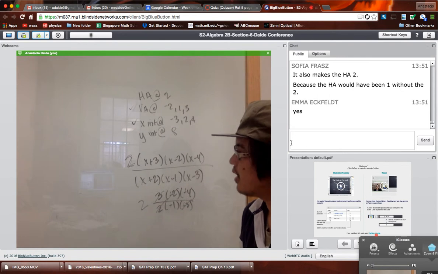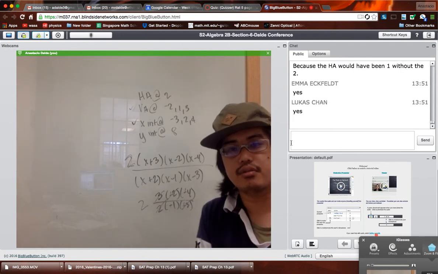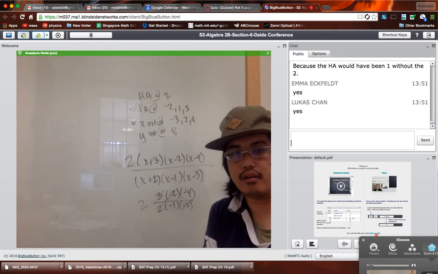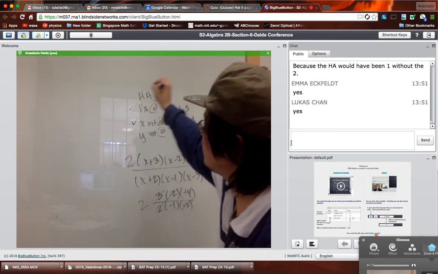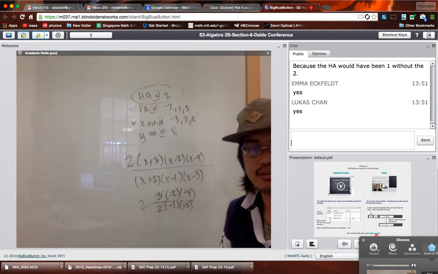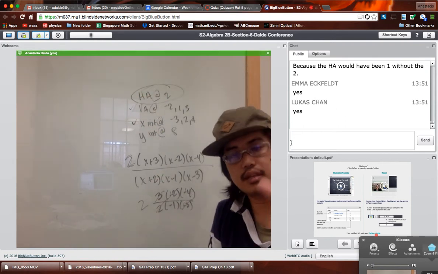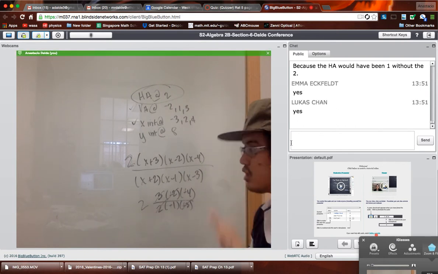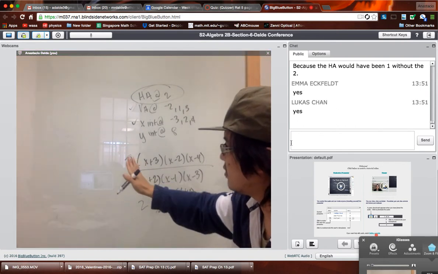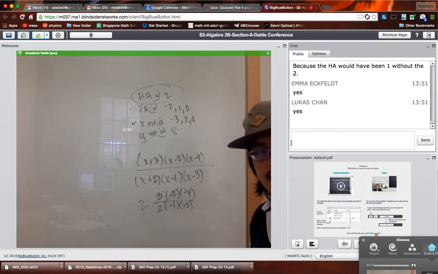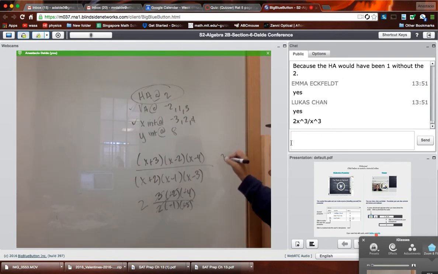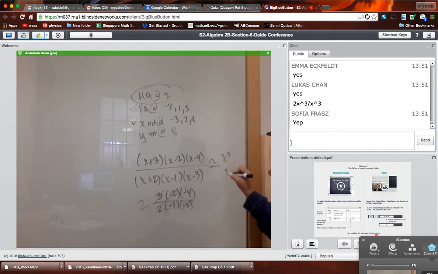And I actually knew that there was going to be a 2 out there because of this right here. Because if that 2 wasn't there, then the horizontal asymptote would be approximately x cubed over x cubed. The degree on top is x cubed.